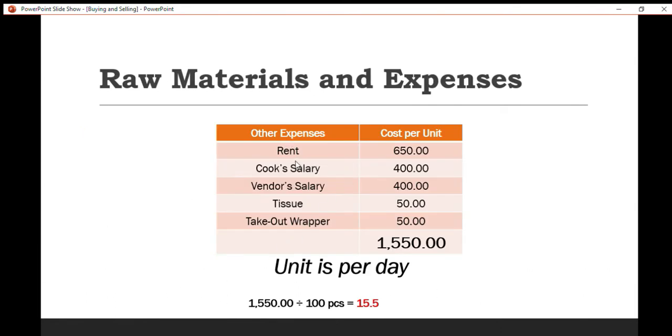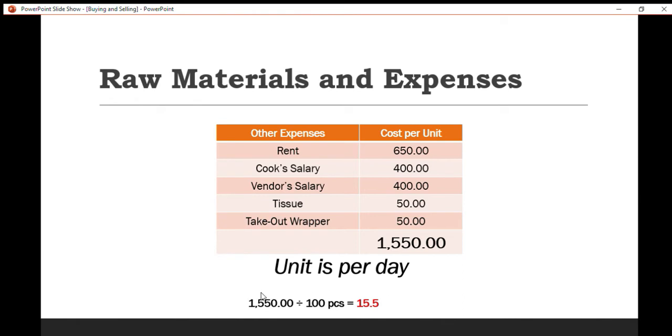So yung rent, cook salary, vendor salary, tissue, takeout wrapper. So ito ay per day na sahod or per day na expenses. So sa 100 pieces mo na banana queue, gumagastos ka ng 1,550 pesos extra per day. So i-divide natin siya sa 100 pieces para makita natin yung unit cost niya for operation.